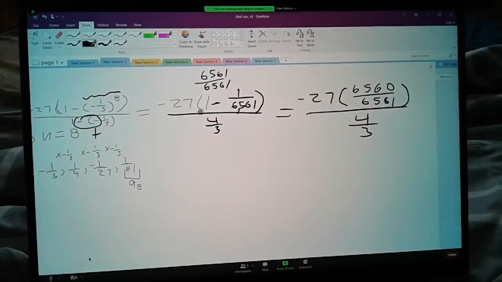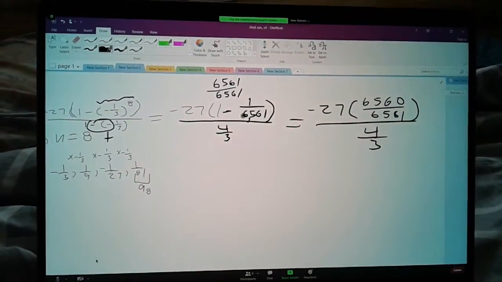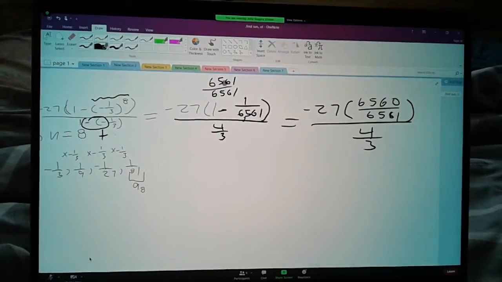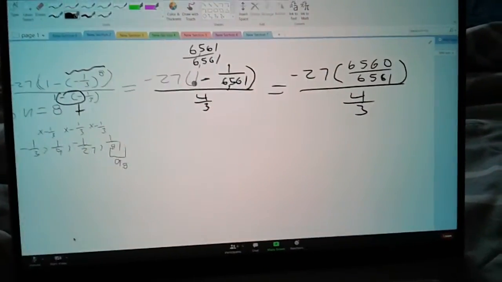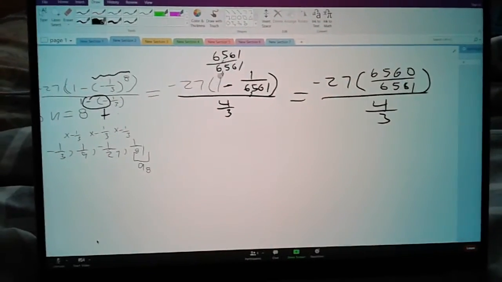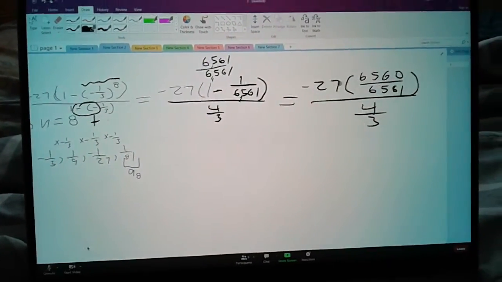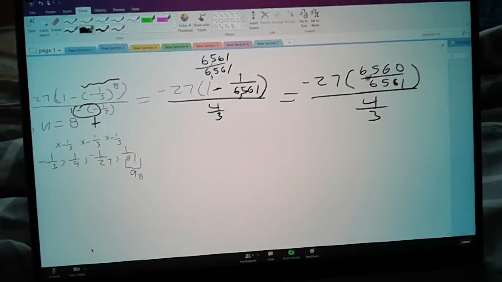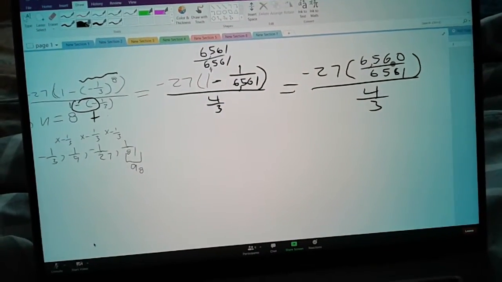If I do 1 minus 1 over 6,561, that's the same as 6,561 over itself, which is just 1. If I subtract it, this is what I get here: 6,560 over 6,561.